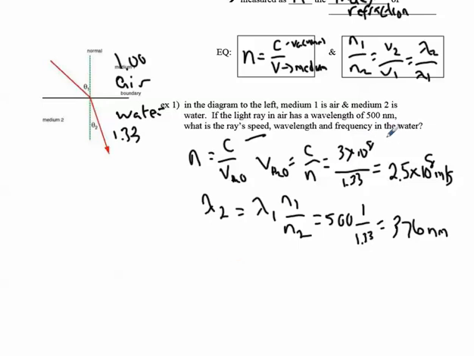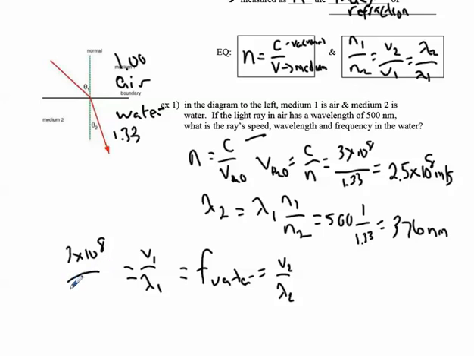Lastly, we want to find the frequency in water. All right, the frequency in water we can say is equal to the speed in water over the wavelength in water, in which case these are both 2. We can also do it for the speed in the air over the wavelength in the air, because the frequency is the same in both media. So if I go with the latter, because those were givens, this is 3 times 10 to the 8th divided by 500.